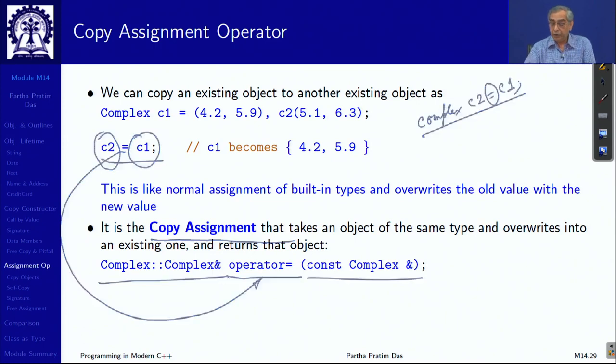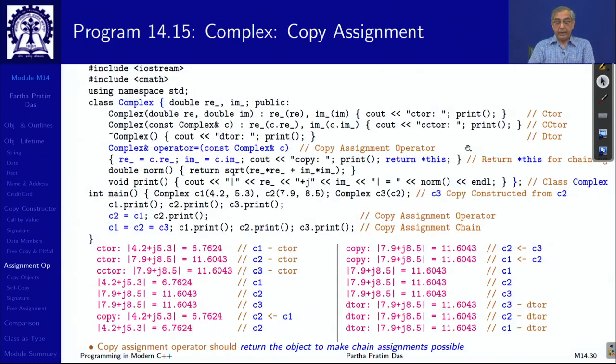So, here is the copy assignment for this, and it returns this. It is not only enough to copy and make changes, which is fine, but it is also important that it returns the object of the same type.